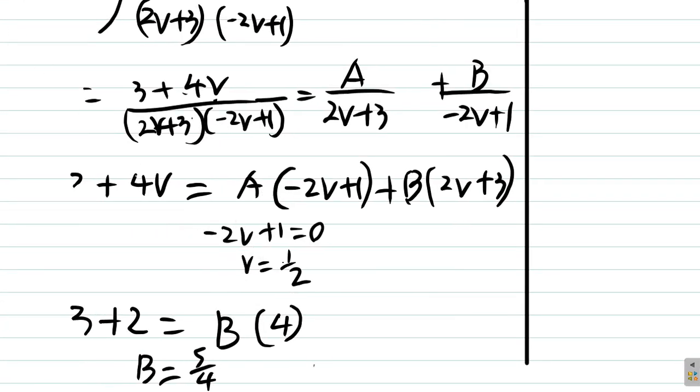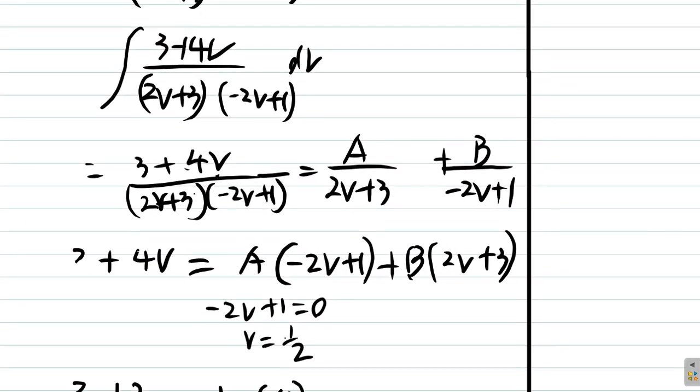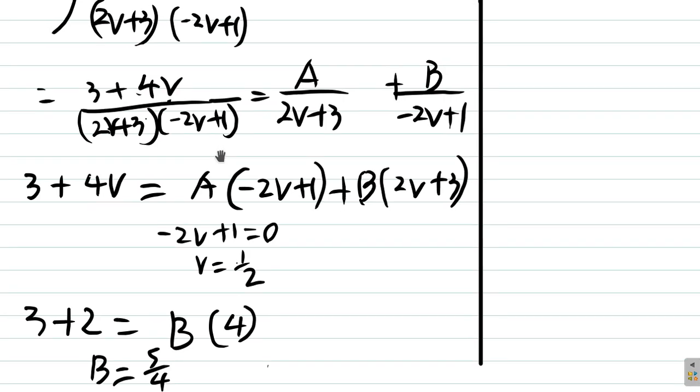So B is 5 over 4. This is 3 plus 4V. So what do we do now? We want to eliminate B and find A. Let's try and squeeze in the work in this corner.